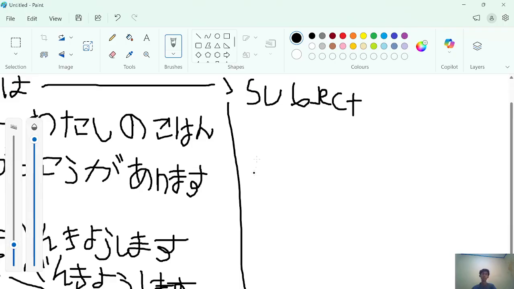So for example, the subject is watashi. After watashi, we usually use wa, if there's no other thing to describe. Watashi wa benkyoshimasu means I study.